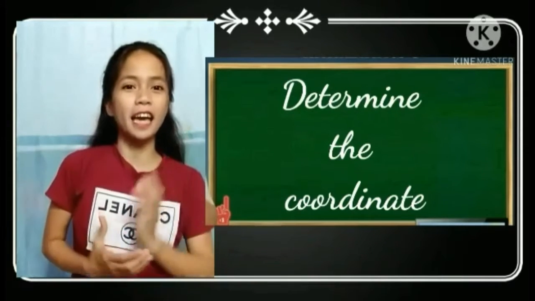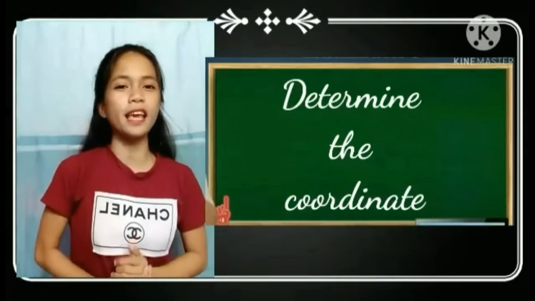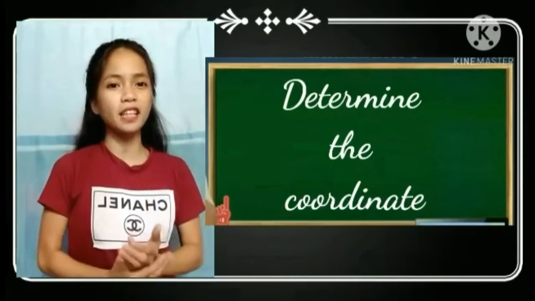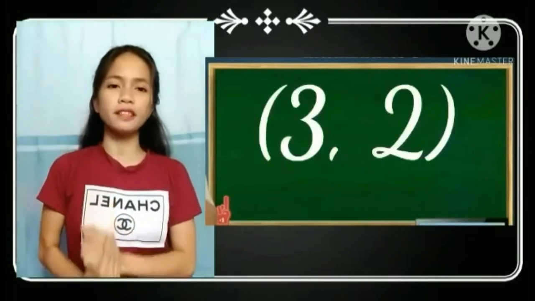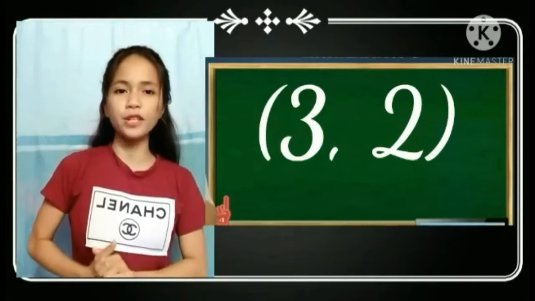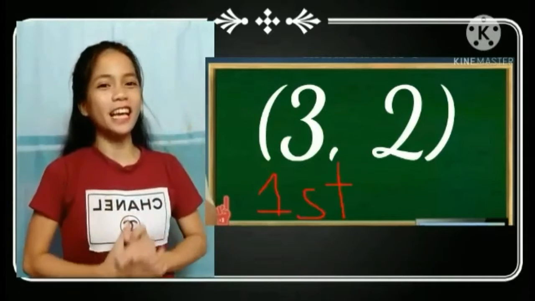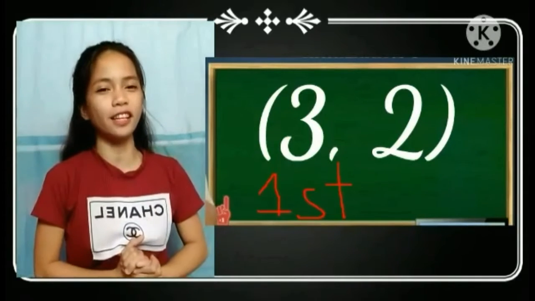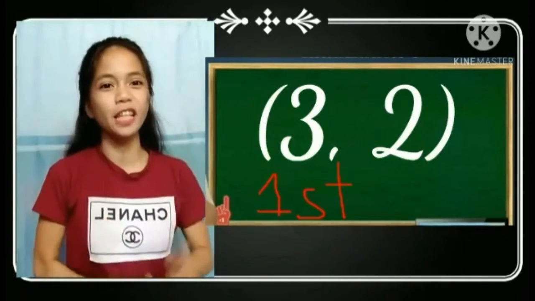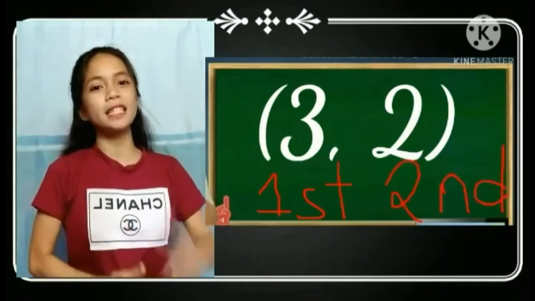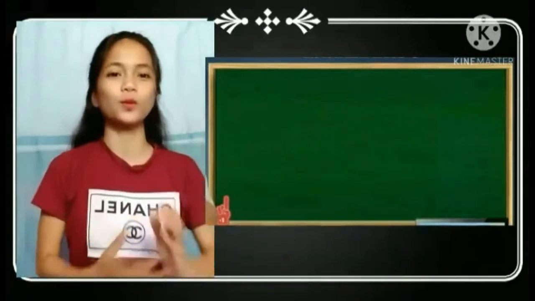Remember that x is the first coordinate and y is the second coordinate. In our example, what is our first coordinate? Very good! 3. How about the second coordinate? Very good! 2. So our point is (3, 2).